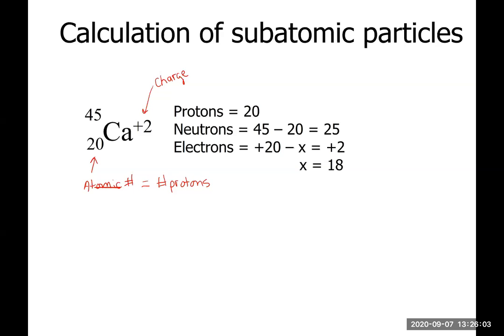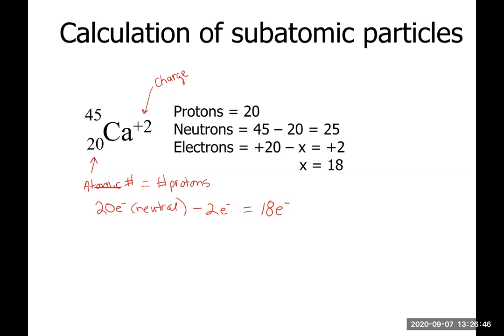And if this species were neutral, it would also equal the number of electrons, but it's not neutral. It has a +2 charge, which means that it has given up 2 electrons. So if it were to have 20 electrons when it's neutral, but it has given up 2 electrons because it has a +2 charge, that means that we have 18 electrons in this particular isotope of calcium.